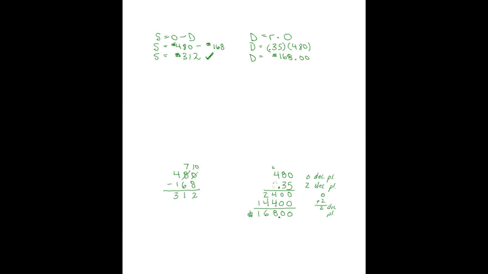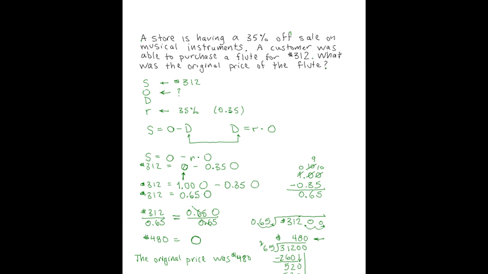Step 4 is also a reality check. So let's apply the reality check as well. The original problem was that the store was having a 35% off sale on musical instruments. A customer was able to purchase the flute for $312. What was the original price? Well, we would expect that the original price would be more than $312.